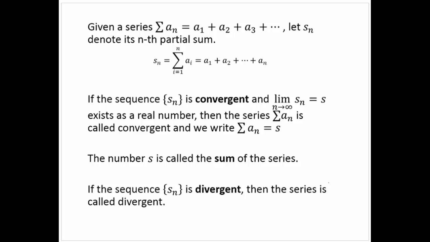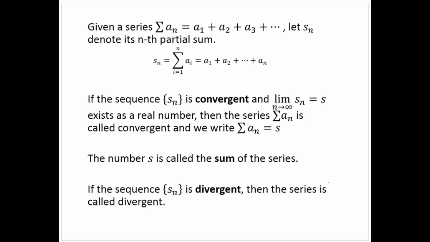Given a series, let S sub n denote its nth partial sum. So S sub n represents the sum from 1 to n, that would be a sub 1 plus a sub 2 through a sub n. This is not the infinite sum, it's not the infinite series, it's a partial sum.